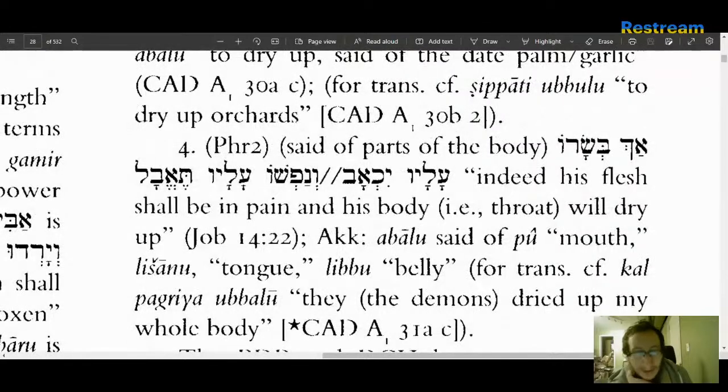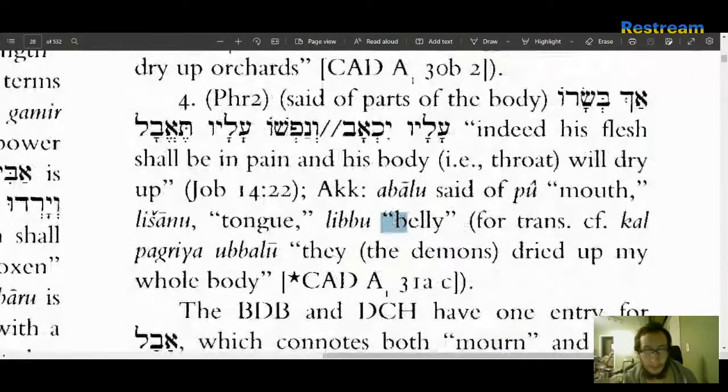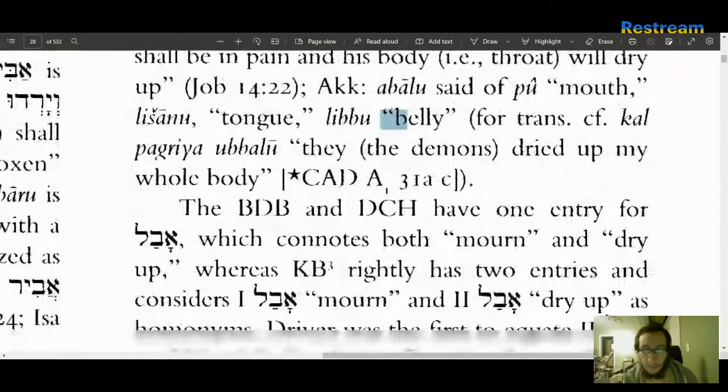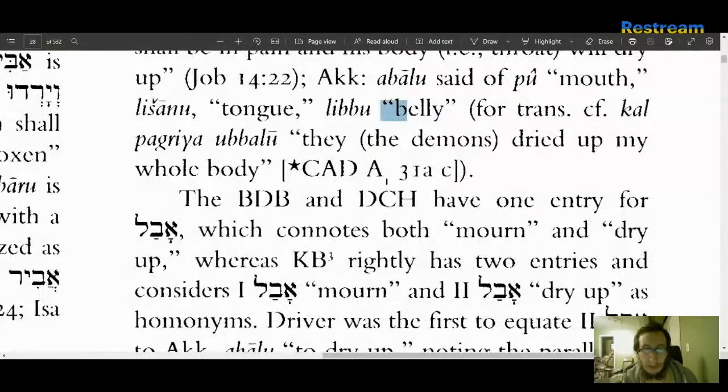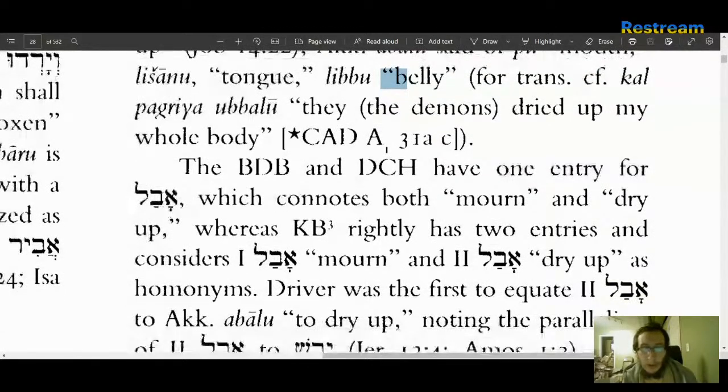And in Job, his flesh shall be in pain, his body will dry up. Abalu in Akkadian is said of the mouth and the tongue and the belly, which dries up. So in the Bible, there's one entry for abal, which connotes both mourn and dry up. The different dictionary separates it into two entries, one word meaning mourn and the other meaning dry up.